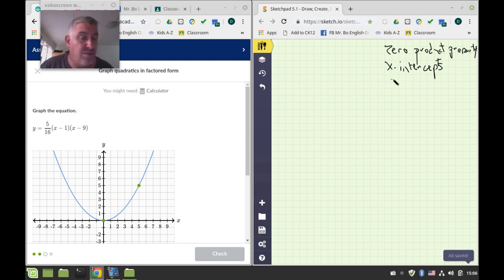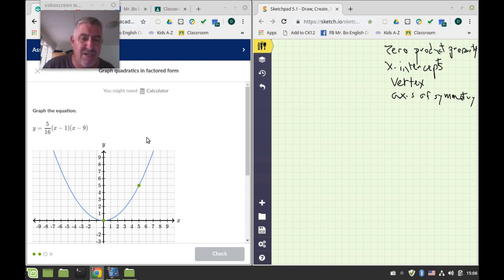We're going to need to know vertex. And we're going to need to know the axis of symmetry, or sometimes the line of symmetry.